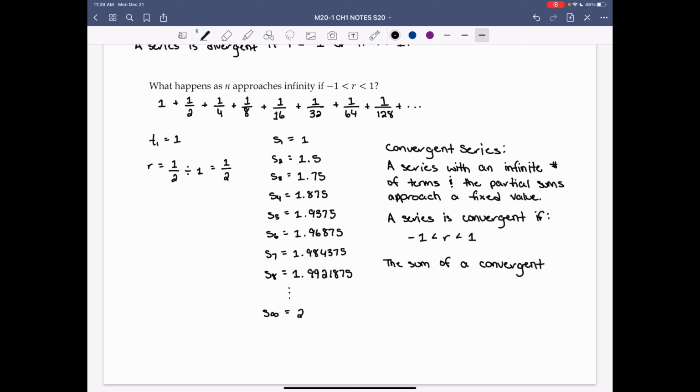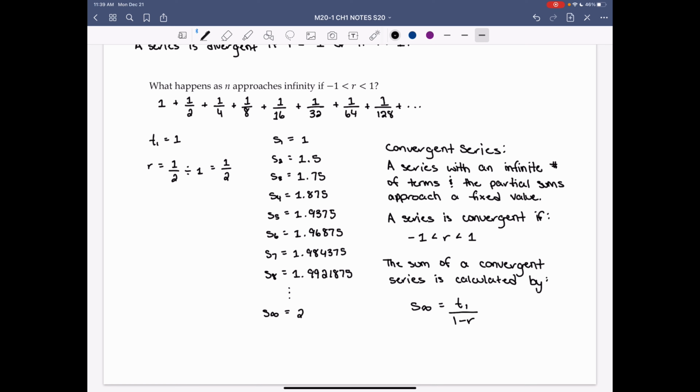The sum of a convergent series is calculated by S infinity equals T1 divided by 1 minus R.